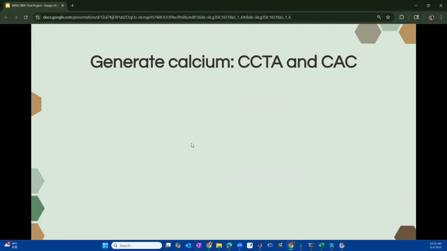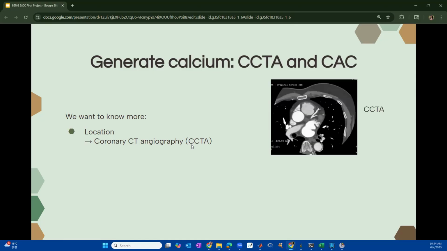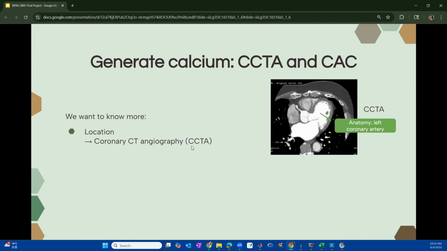So to be more detailed, when generating calcium, we need to go beyond just the calcium score. First, we need a coronary CT angiography, also CCTA, scan. This gives us the anatomical structure of the heart. For example, here's the left coronary artery, and over here is the right coronary artery.